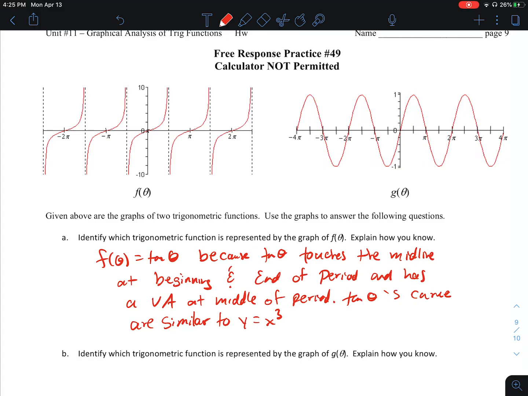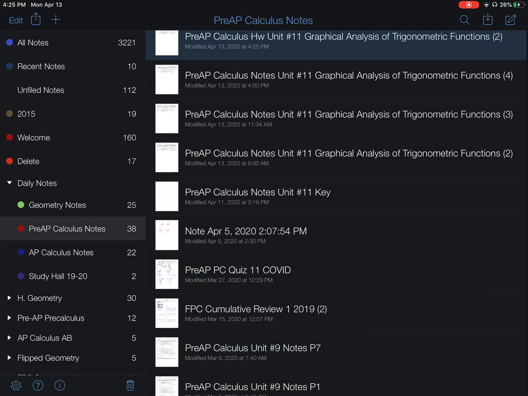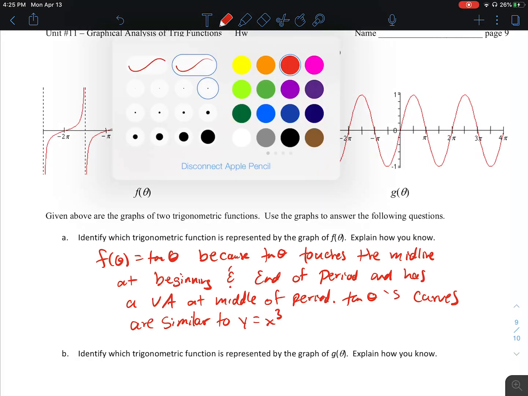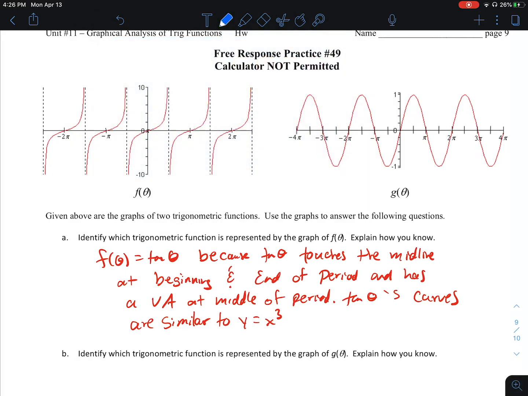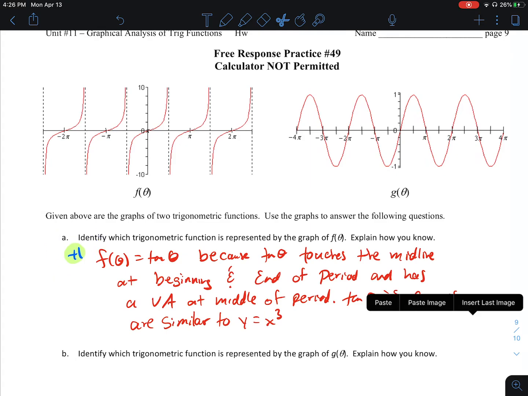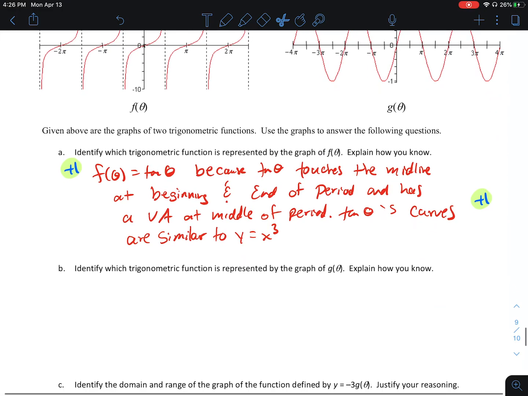Each of the curves, not the totality of it. Points for this, let's see, you would get a point for simply saying that this is tangent of theta. Then you would get a point for a good description of how you know that's true.